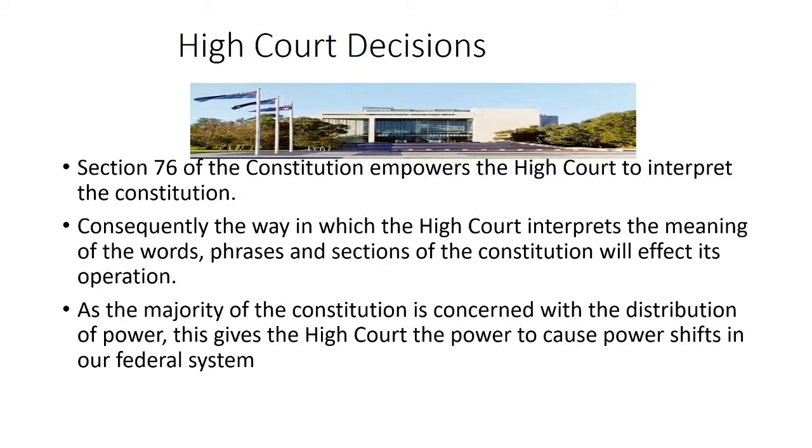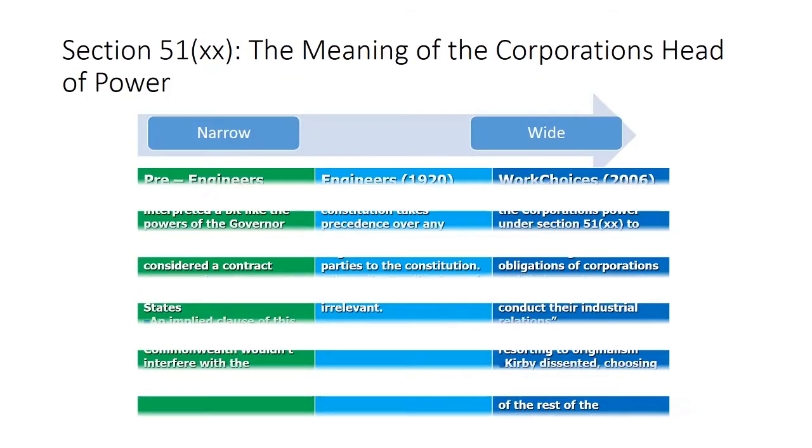It decides who gets legislative power, who gets executive power, who gets judicial power, the limits that will be placed on each and every one of those arms of government, and also, since we were creating a federation, what powers the federal arm of government would get, and what powers would be left to the states. And if you can interpret those things as the High Court, you can see how they can have an effect on the power shifting towards the federal government, or the other way if they so chose. But it seems like most of the cases over the years have favoured the federal government.